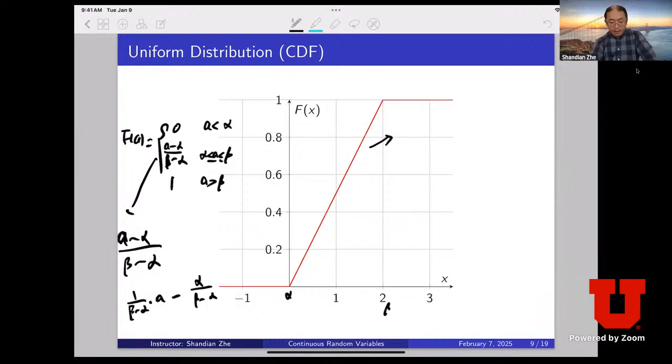And then after a is bigger than beta, it becomes constant 1 again. So this is the CDF form for the uniform distribution. Every time you look at this, you should immediately react that this is a uniform distribution. Any questions so far?